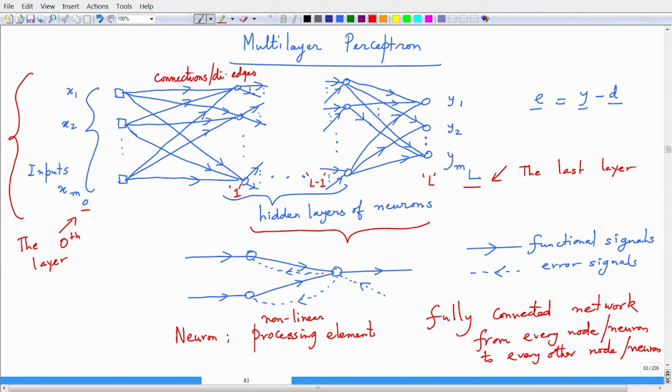Okay. So, we can have this cascaded connection of layers of neurons that form the basis of our network, right. And since there is no feedback from one node to the other node, it is a feed forward network.